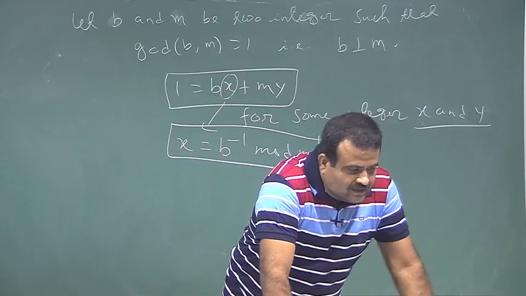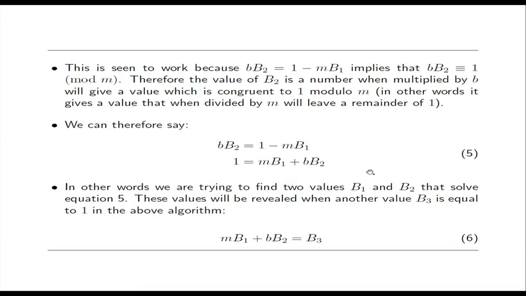Now, this will work because every time we maintain the relationship that b times B2 is 1 minus M B1. So, B2 is congruent to 1 mod M, and every time we are maintaining B2 equal to 1 minus M B1.